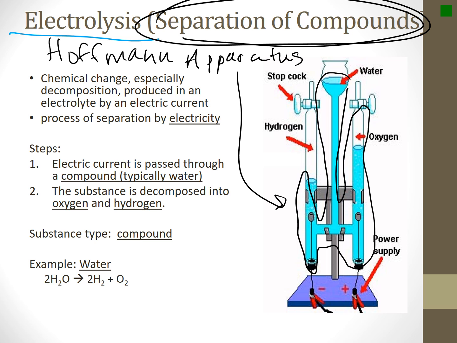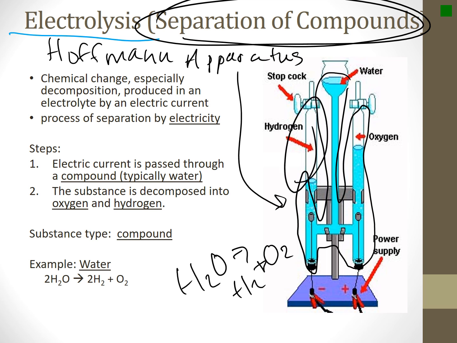This water breaks into its components of hydrogen and oxygen. When we shoot this electricity through it, it breaks apart those bonds and makes hydrogen and oxygen separate. So this is the only one that can actually separate compounds that we'll ever talk about, and you need a lot of energy to do this.